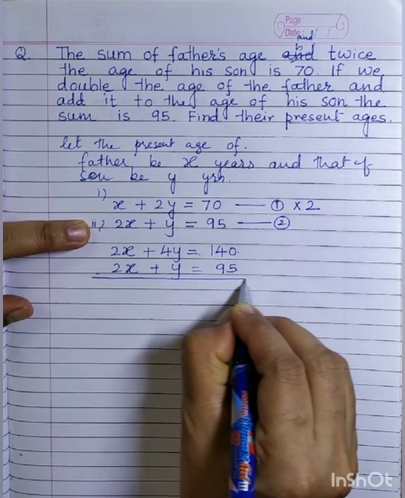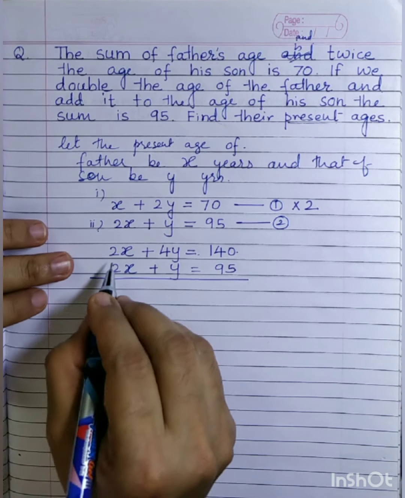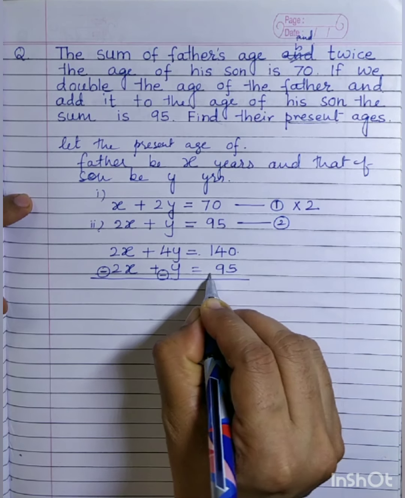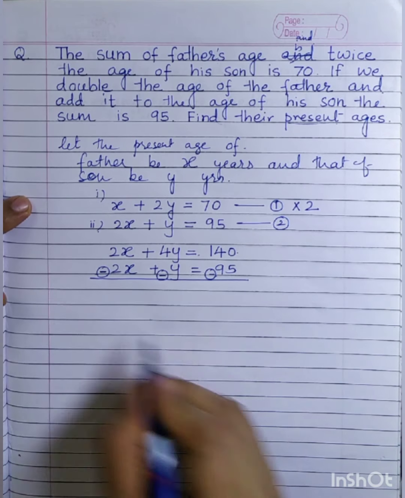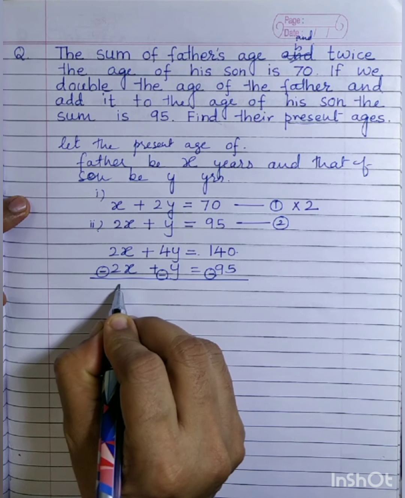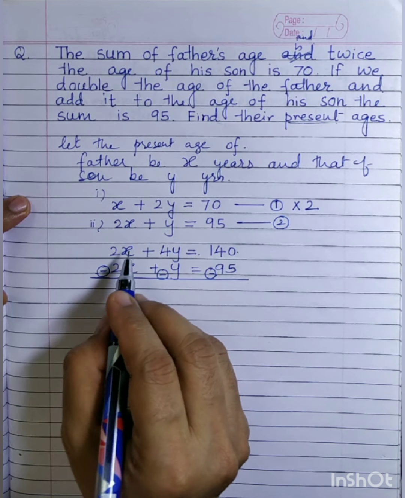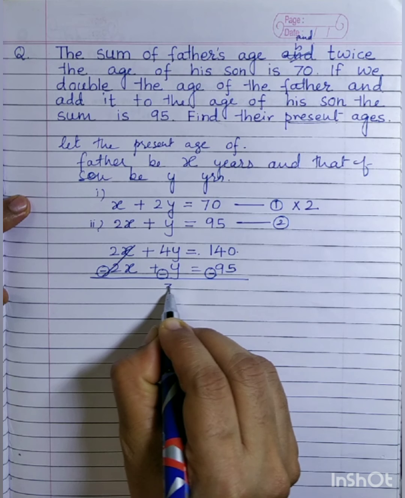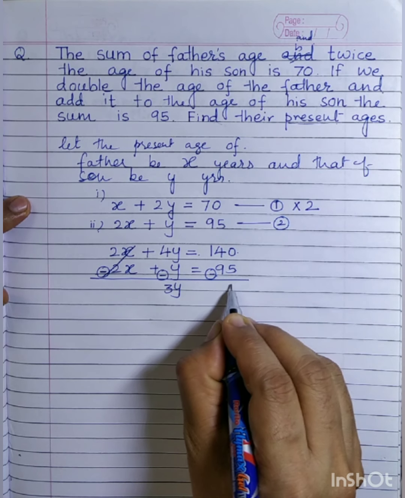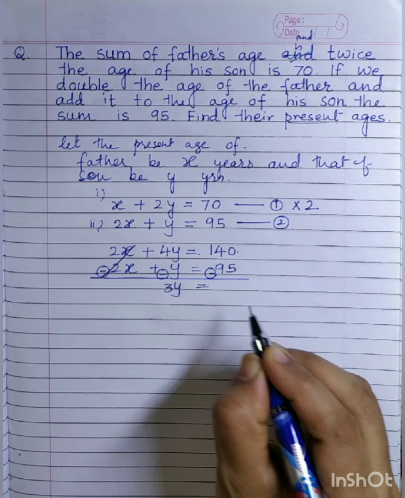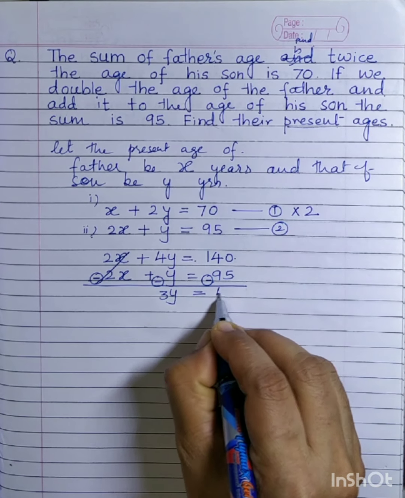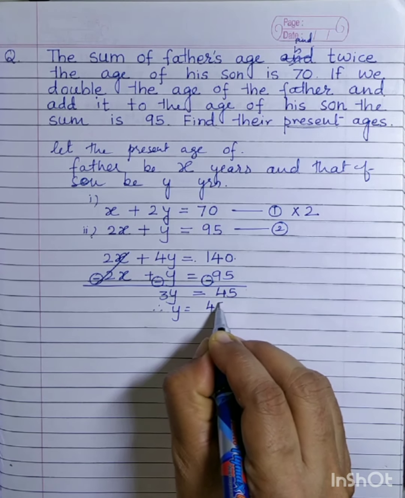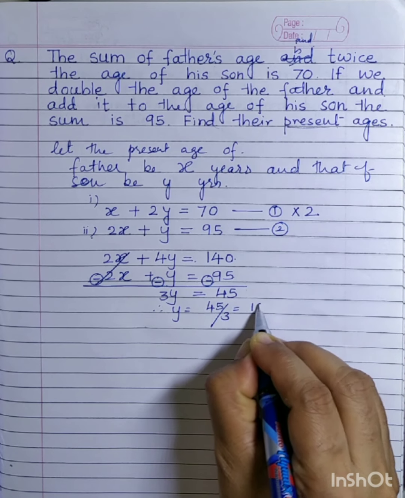Since I am subtracting, I change the sign and I work out with the changed sign only. So minus, minus, and here also minus. And then this gets cancelled. I get here 3y, and what I get here is 45.